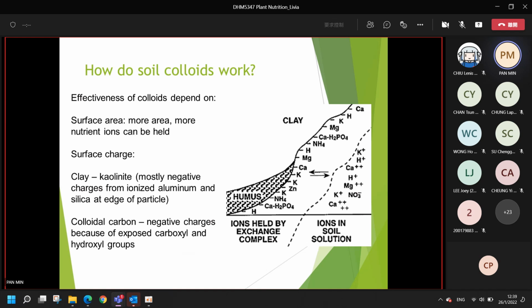For surface charge, kaolinite, which is 1 to 1, is mostly negatively charged from the ionized aluminum and silica at the edge of the particles, and that can be provided for the nutrient ions. The colloidal carbons are negatively charged because they are composed of carbon sites and hydroxide groups.